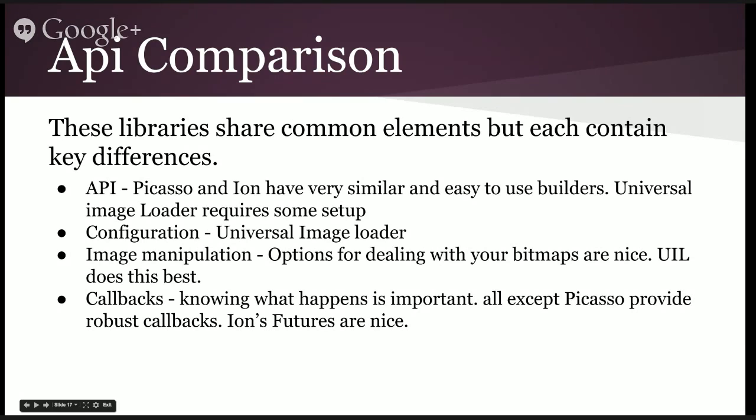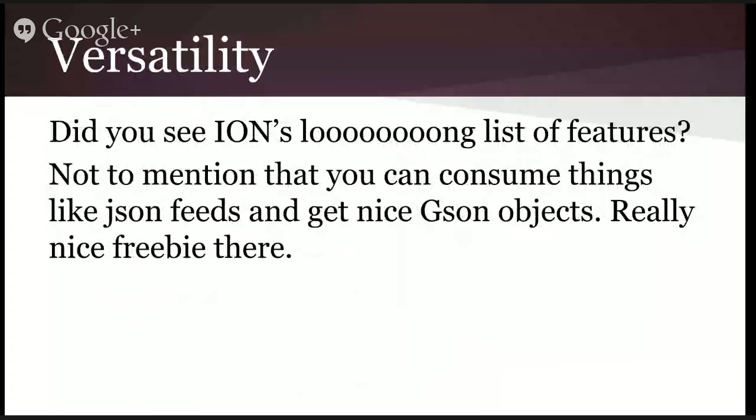So that's sort of the breakdown for me as to how the APIs compare. They're all pretty nice to use. I think my favorite, just in terms of simplicity, is going to be Picasso. So if I had to pick an overall winner for this category, it would be Picasso.